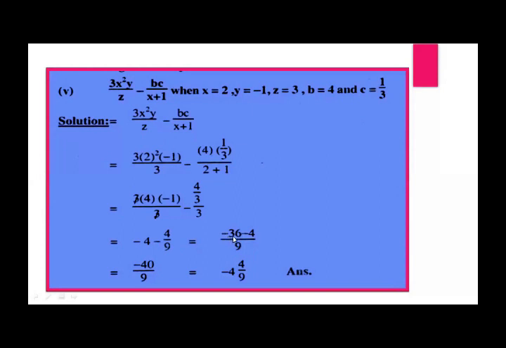In the numerator, minus 36 and minus 4, we know minus minus is plus, so their answer is 40, and out of them 36 is the greater, so we put the minus sign with it. Divided by 9 will be the same. Now 40 divided by 9, we divide that and get the answer whole number 4 upon 9, whereas minus plus will be minus.